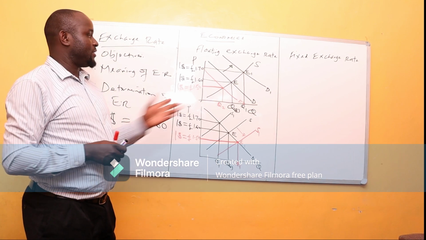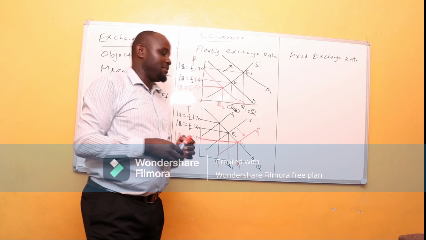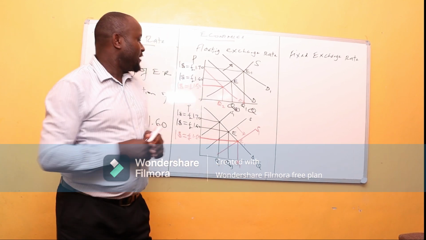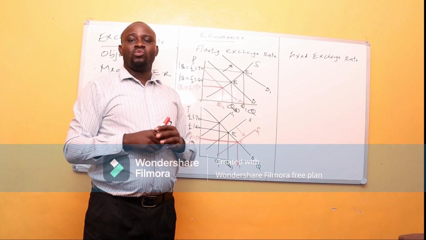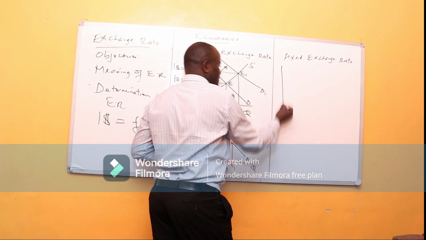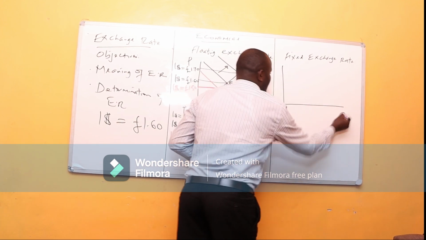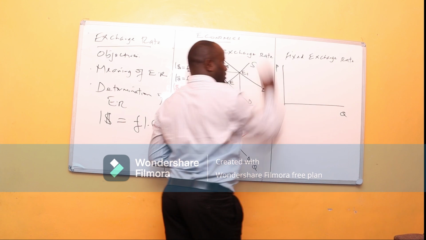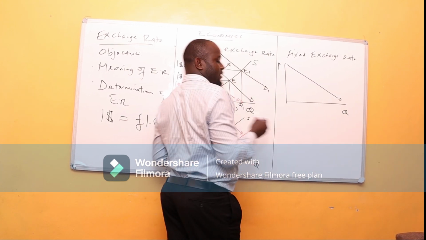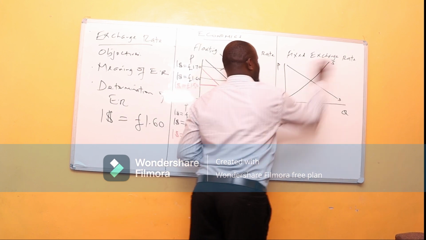Moving on, let's talk about the fixed exchange rate. A fixed exchange rate is set by the government, and the government does not allow it to change. So let's see. Again, we have this as the demand for the currency and this as the supply of the currency.